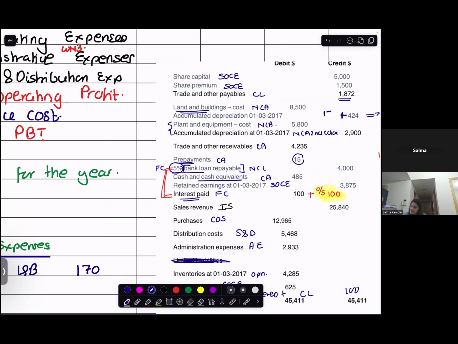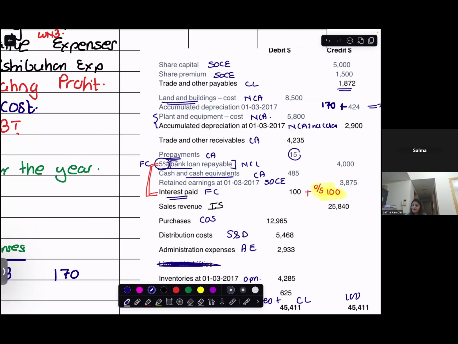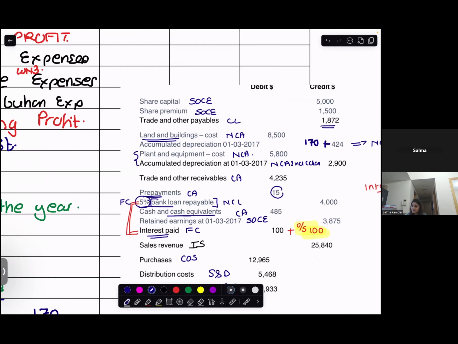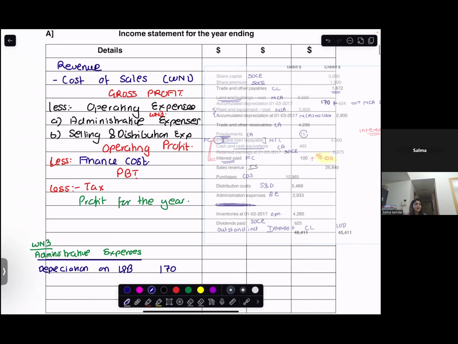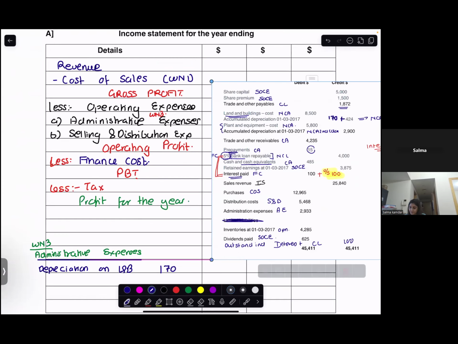It's land and building, so I will add to the land and building. I'm doing everything in the trial balance that I was doing my markings on. I hope you're with me.